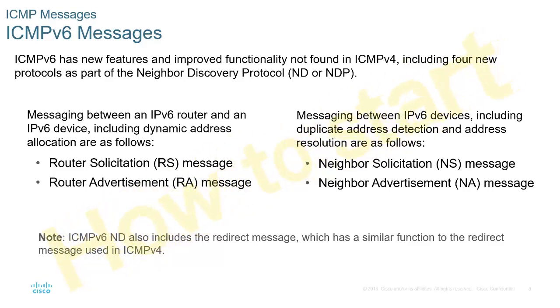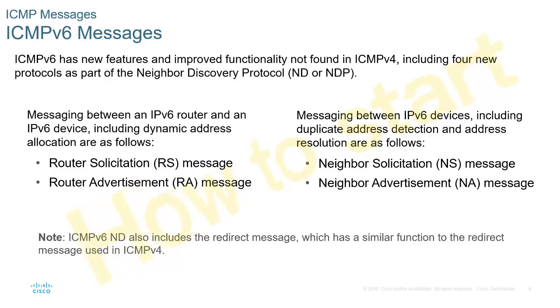With ICMPv6, we can send out solicitation messages. If you're looking for router information, you'll send out a router solicitation. If we're looking at devices attached to the network, that'll be a neighbor solicitation. The typical response should be a router advertisement or neighbor advertisement, the router being the router and all devices on the LAN being the neighbors.